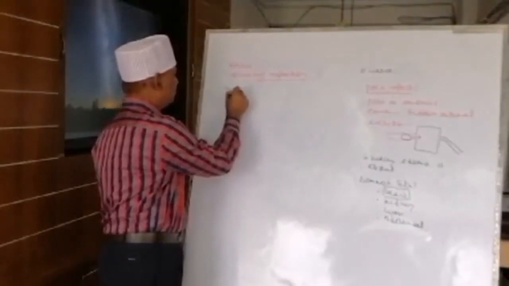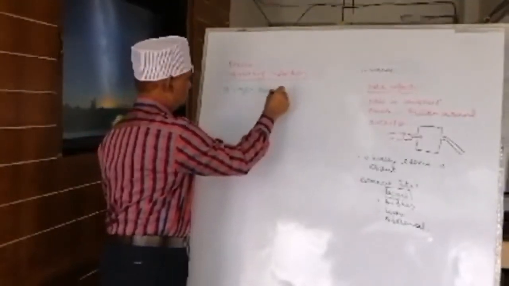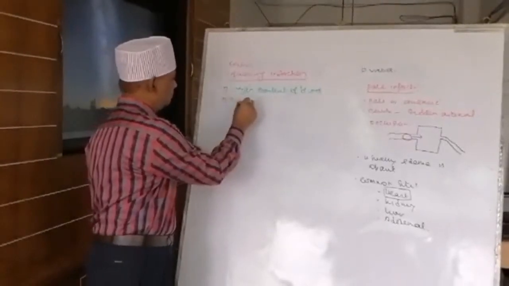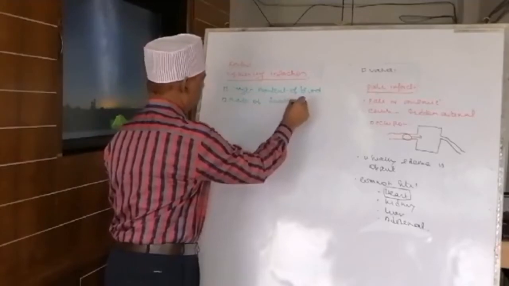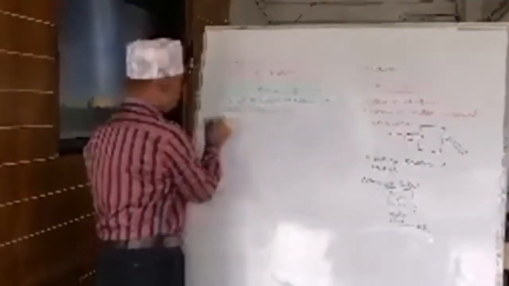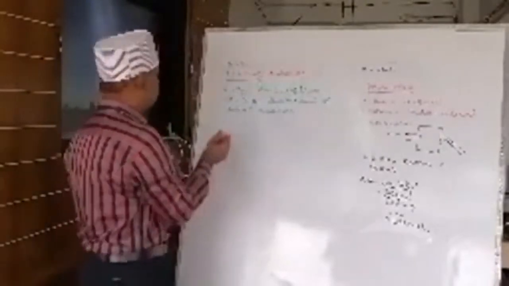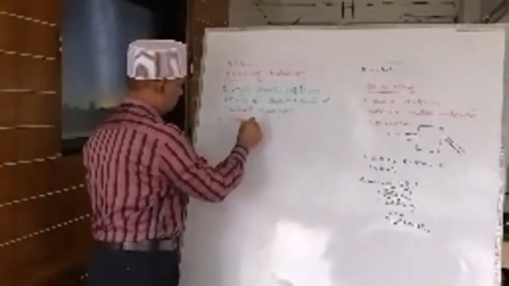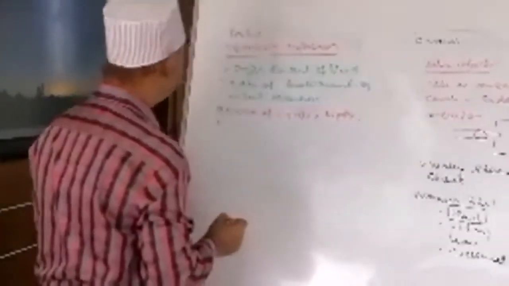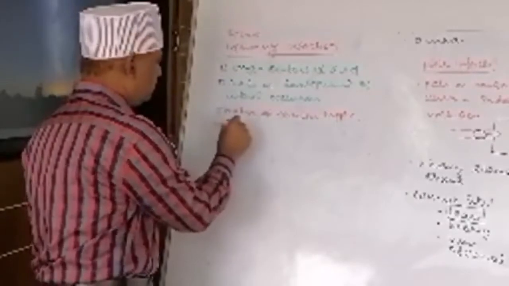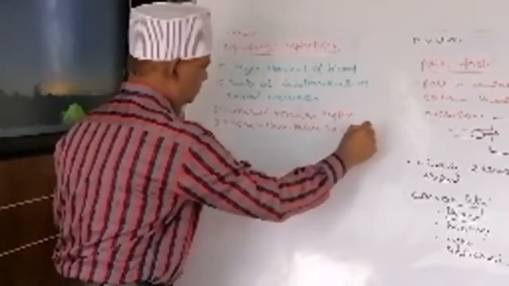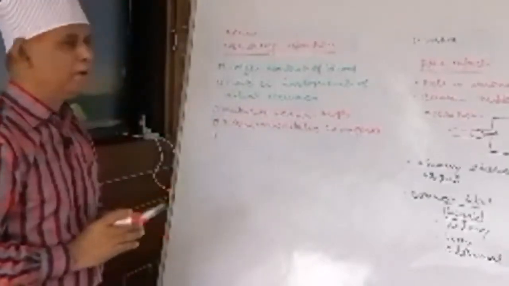Oxygen content of blood, then rate of development of arterial occlusion, then nature of vascular supply, then tissue vulnerability to hypoxia, and the last one is cardiorespiratory status of the individual.